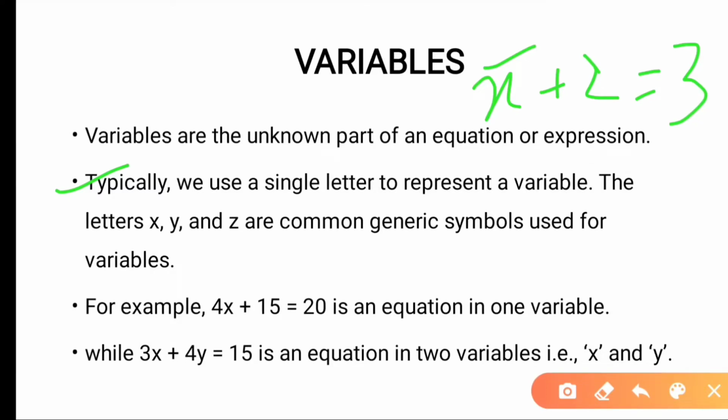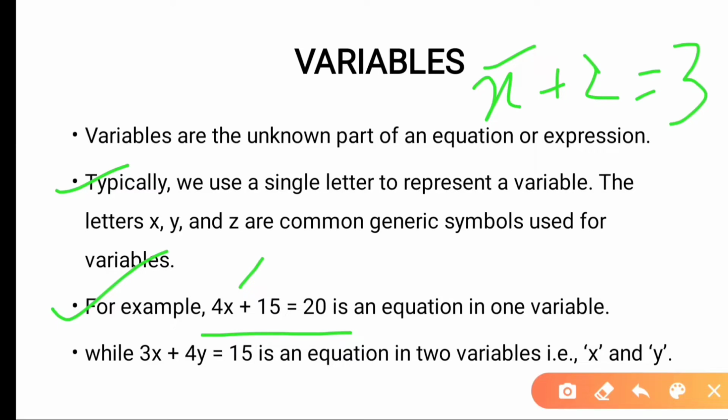For example, 4x plus 15 equals 20. Here 4, 15 and 20 are fixed values, but x is a variable as the value of x is unknown. Only x is there, so we can call this equation an equation in one variable.